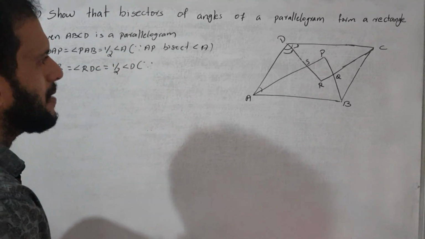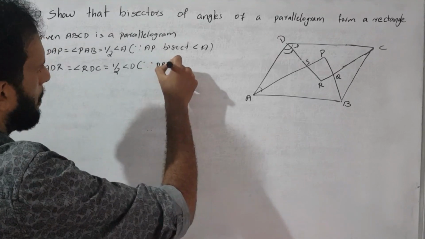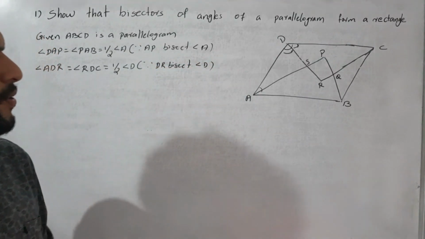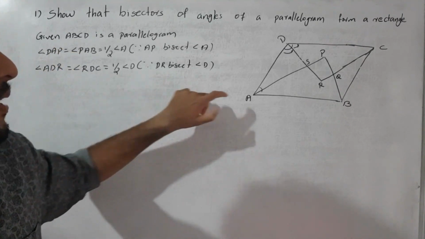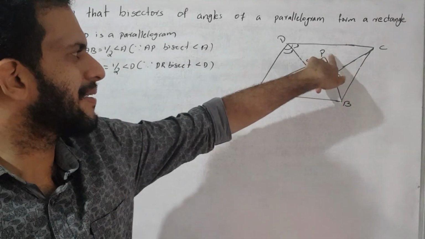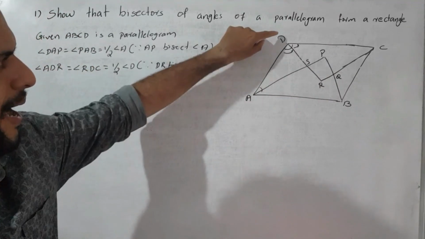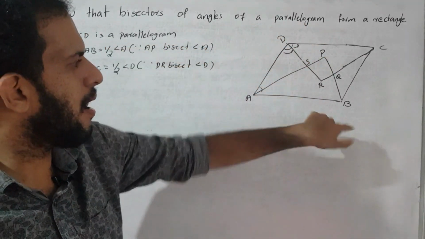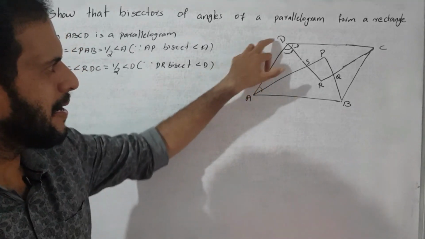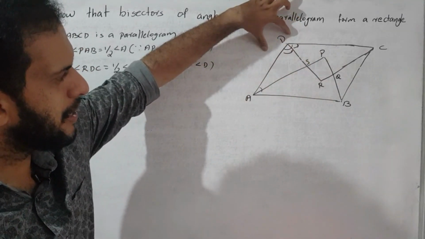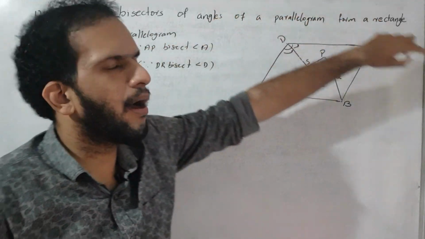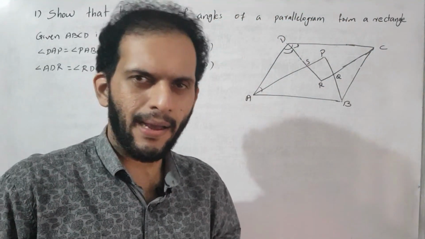Since DR bisects angle D. So we are choosing only these two. AP bisects angle A, so angle DAP and PAB are half of angle A. DR bisects angle D, so angle ADR and RDC are equal and they are half of angle D.